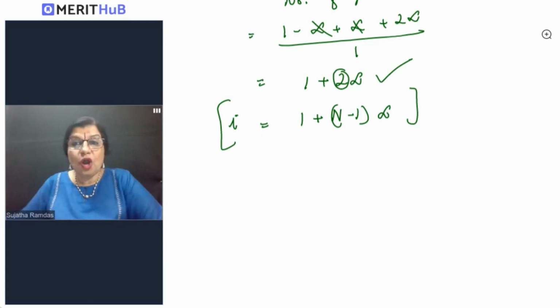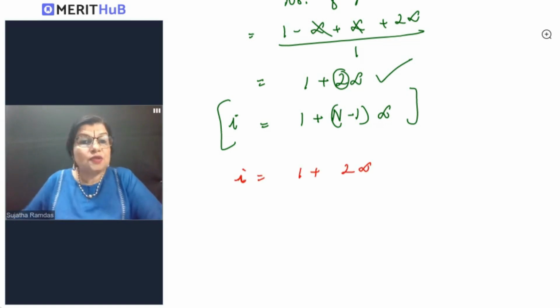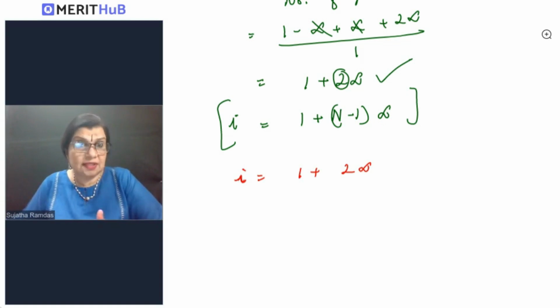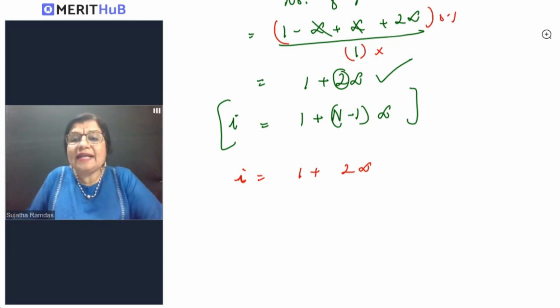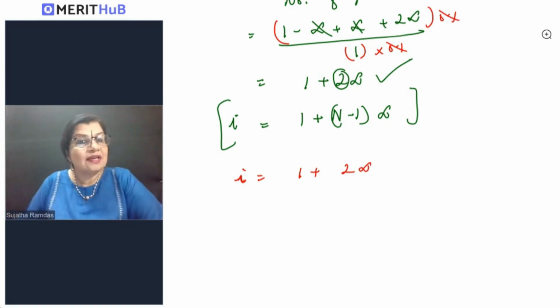So we arrived at i is equal to 1 plus 2 alpha. Now, the concentration in the question is mentioned as 0.1. So you multiply the numerator by 0.1 and the denominator by 0.1. That gets cancelled, and therefore you can use the same formula to carry out your calculation.